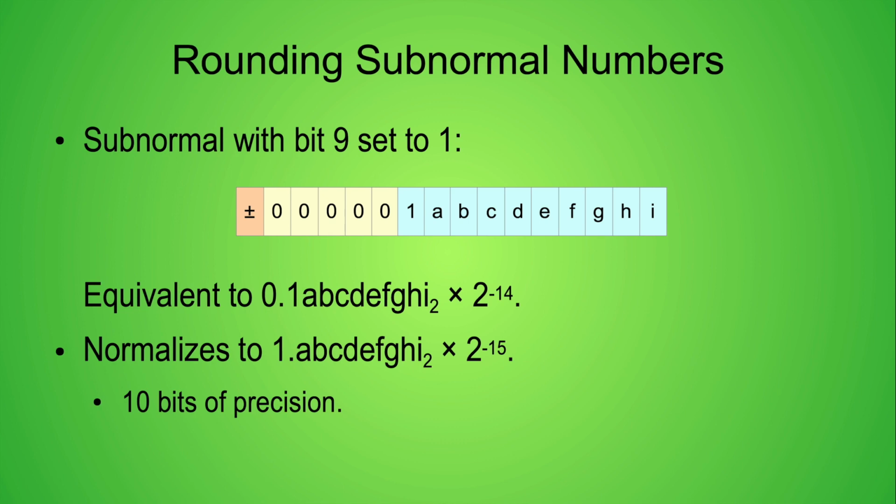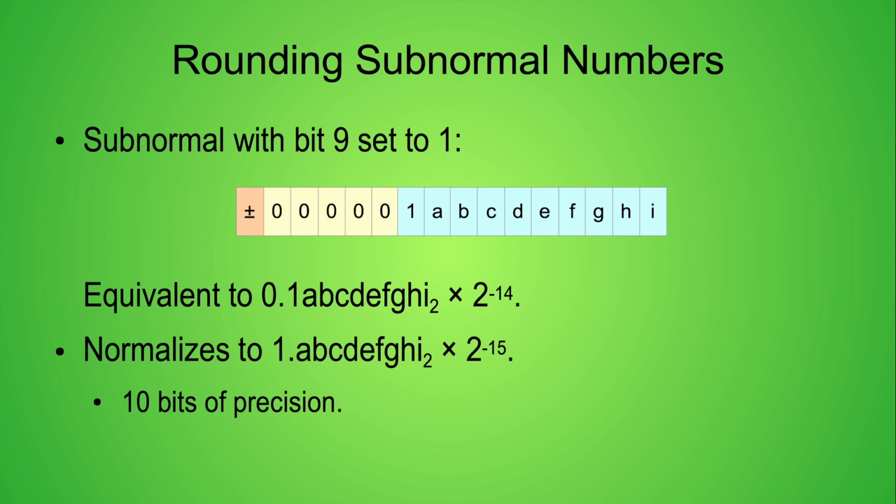Then FP class corrects the exponent value, subtracting the shift amount from emin. Emin for the binary 16 format is -14, and this significand needed to be shifted 1 place to the left to be normalized, so the final exponent value is -14 minus 1, which is -15. While the significand is now stored as an 11-bit value, the extra bits are all zeros, so normalizing the number does not increase its precision.